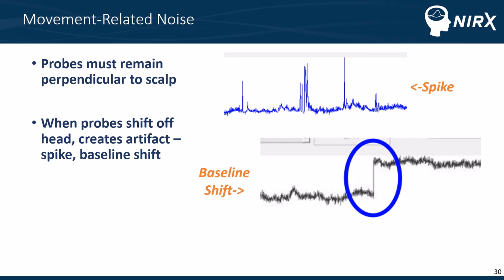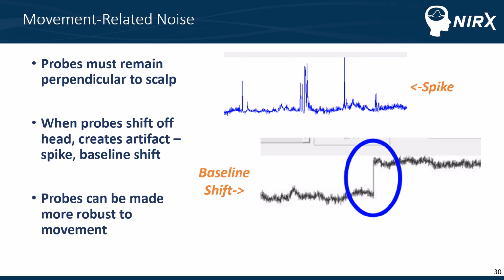A spike occurs when the probe momentarily shifts off the head, and a baseline shift occurs when the probe moves off the head and stays there. These two different manifestations of motion artifact will be important to identify later on, as well as to address them in analysis. There are ways to address them in analysis, but they're best taken care of in data collection, ensuring that you have your setup to avoid them in the first place.